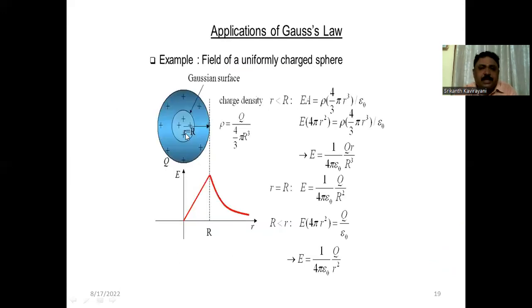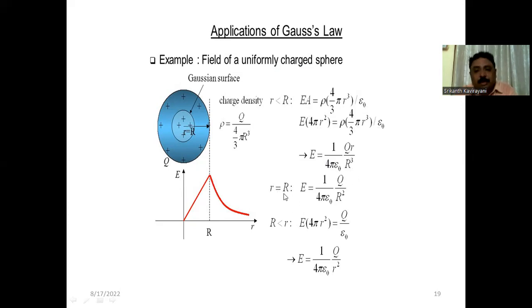So taking this particular diagram, as you can see, the Gaussian surface is a sphere here again. If we are considering the case where r is less than a, E times 4 pi r square will be equal to rho v times 4 by 3 pi r cube by epsilon naught, or E equal to 1 by 4 pi epsilon naught Q r by a cube.